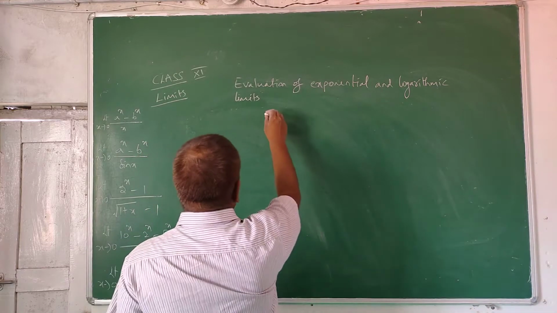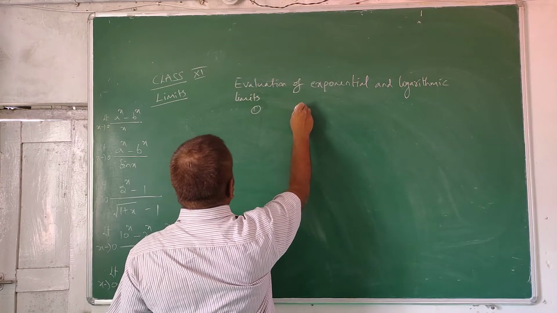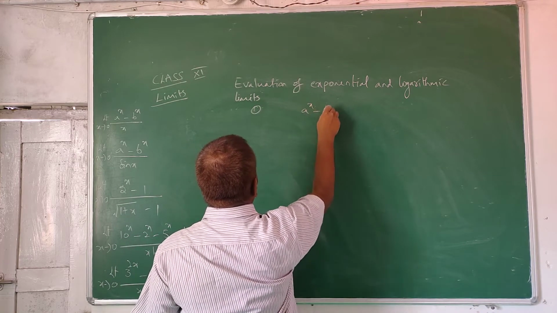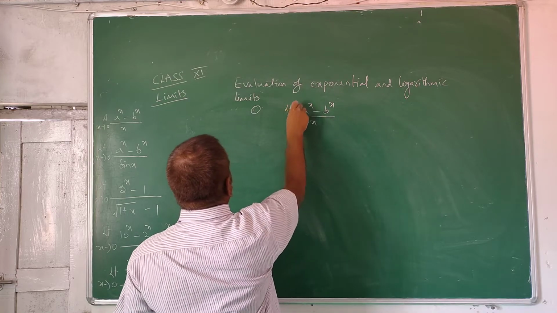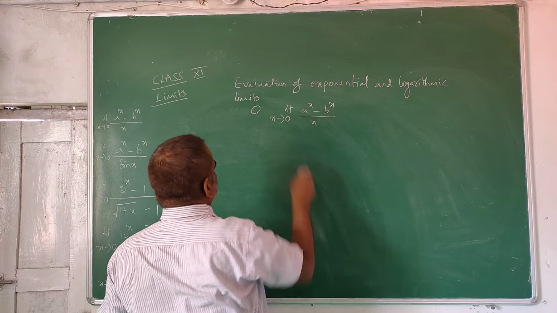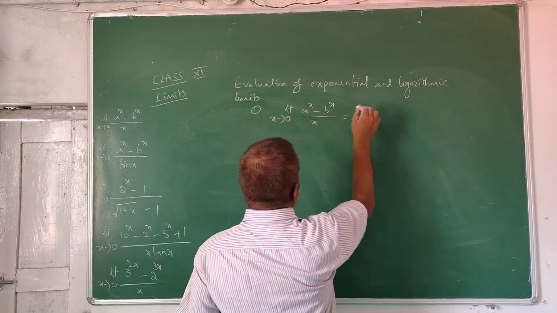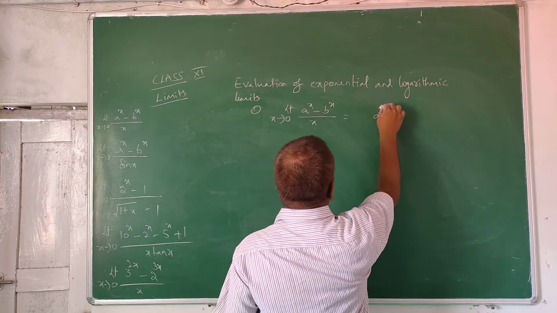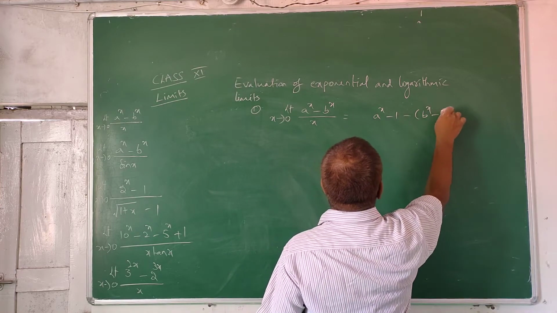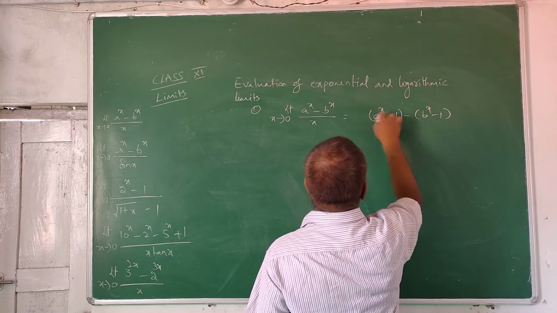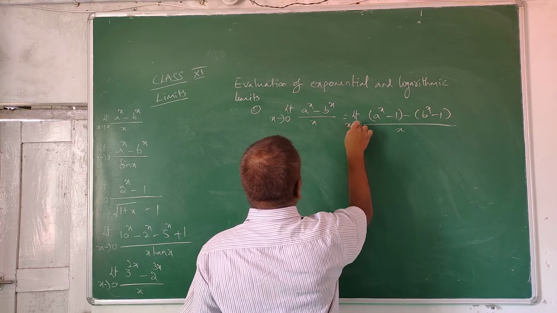So our first question is: evaluate the following limits. Under this heading, our first question is a^x minus b^x by x, limit x tends to 0. Now take the solution. This is equal to a^x minus 1 minus (b^x minus 1) divided by x, as limit x tends to 0.